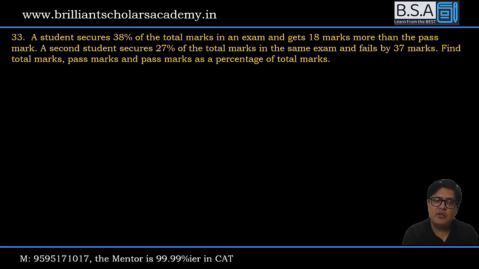A second student secures 27% of total marks in the same exam and fails by 37 marks. Find total pass marks, total marks and pass marks as a percentage of total marks.